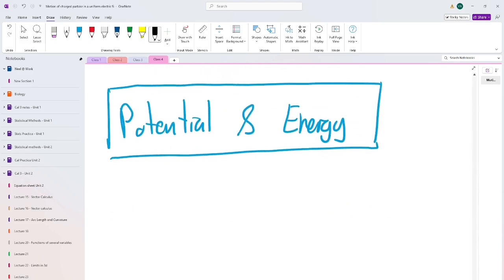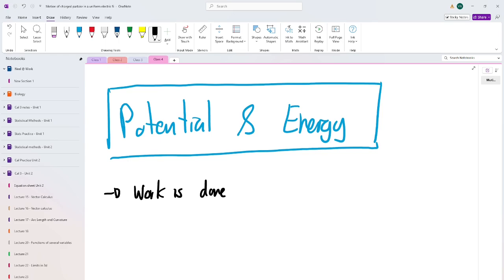So we can say that work is done in moving a point charge, I'll call it plus Q, from Y1 to Y2. And I'll draw that in a second.